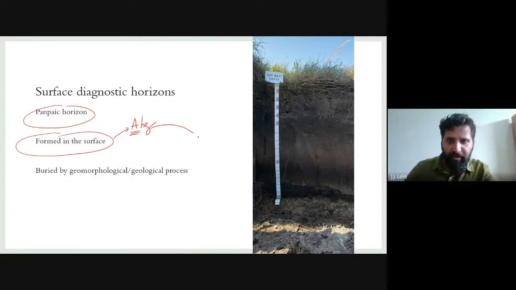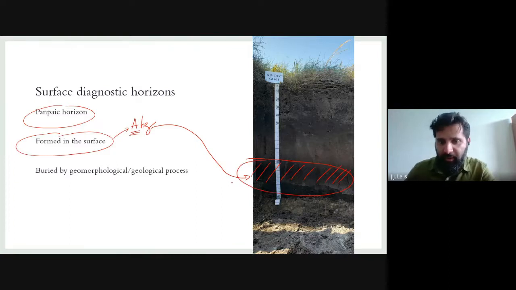Like in this picture, we can see this dark color here, and this dark color shows us that this horizon could be related to an A horizon. And this material is just overlaying this ancient A horizon.